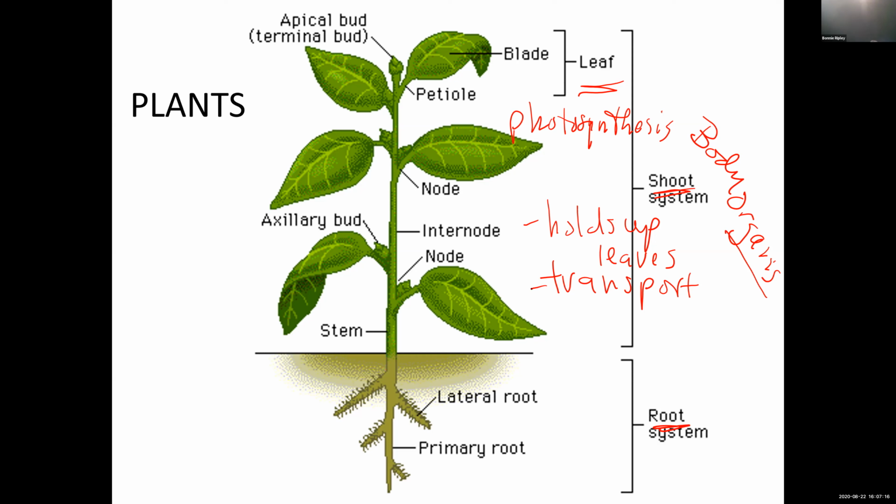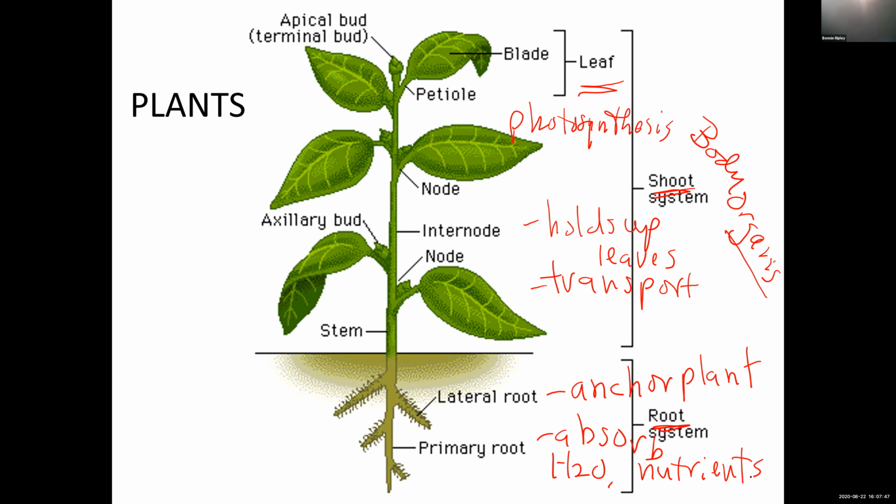And the roots are going to also have a structural function and a physiological function. Their structural function is to anchor the plant. Those roots interweave themselves into the soil and make sure the plant doesn't fall over. And they're also going to absorb water and nutrients from the soil.